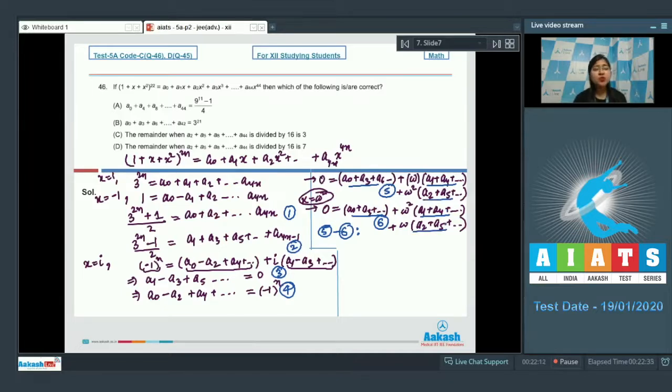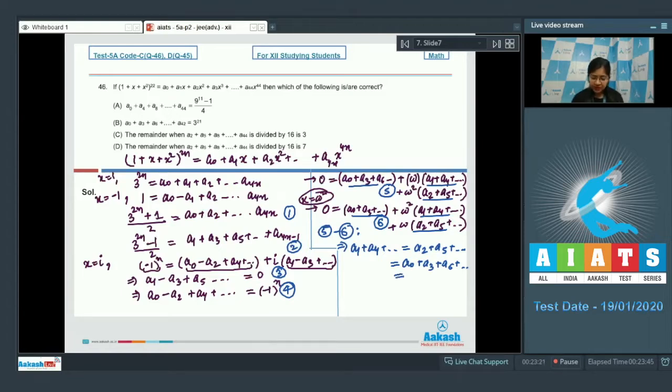As omega minus omega square is not equal to 0, definitely these brackets are equal to 0 and we will find that A1 plus A4 and so on is equal to A2 plus A5 and so on, and hence it will definitely be equal to A0 plus A3 plus A6 and so on. I hope this is clear.